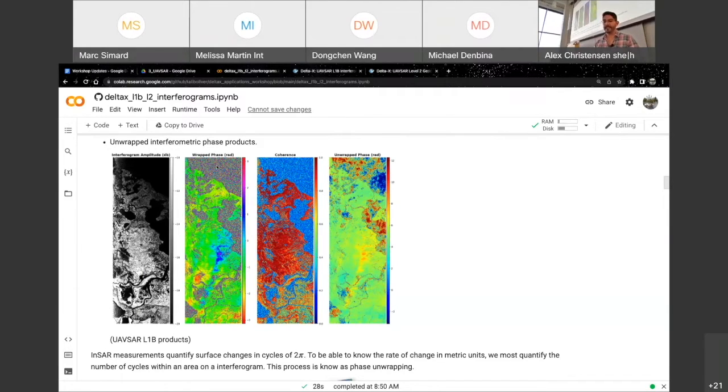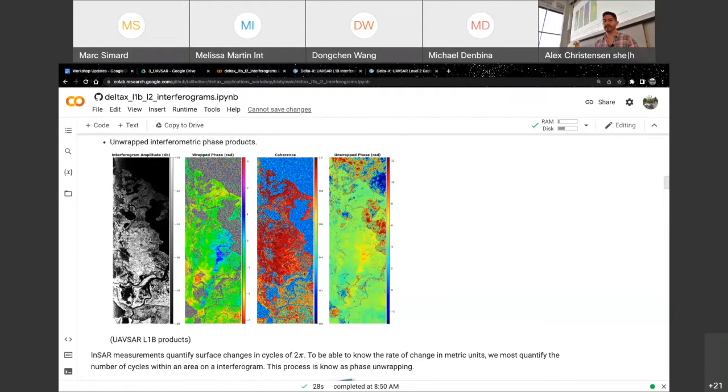The wrapped phase is the actual measurement obtained from the interferometry. This is the product from comparing the 2 phases of the acquisition from the UAVSAR or a satellite, depending on what data set you're looking at.